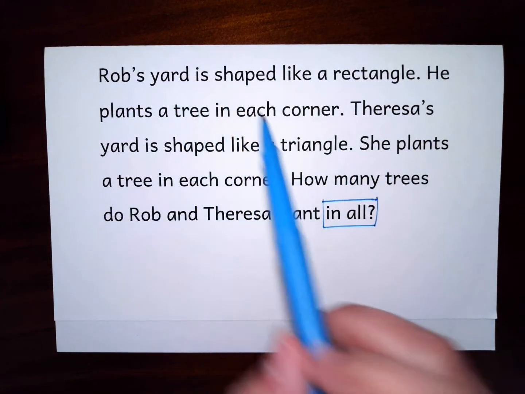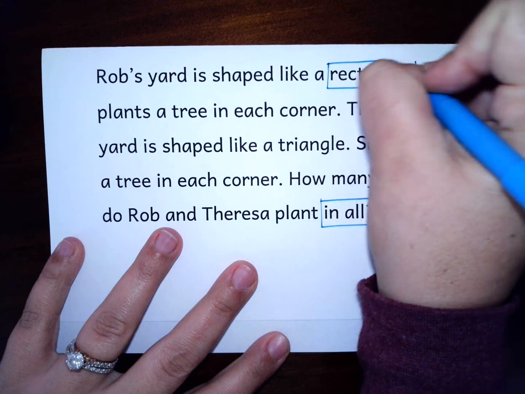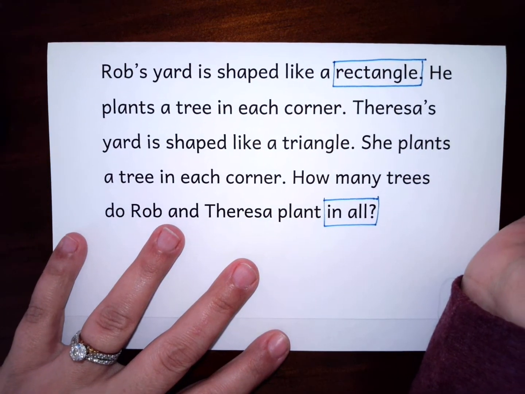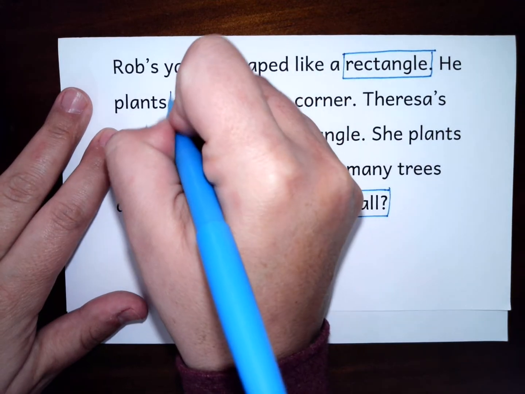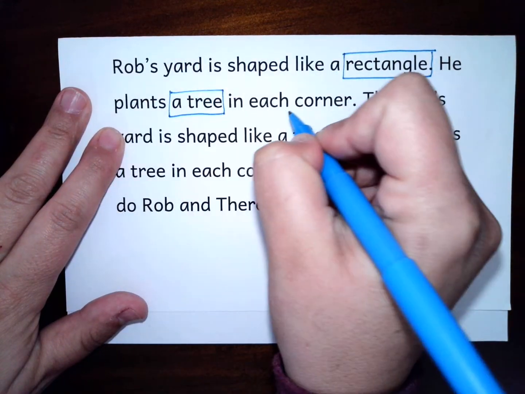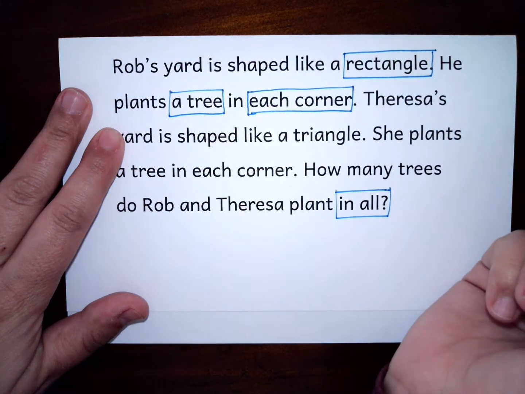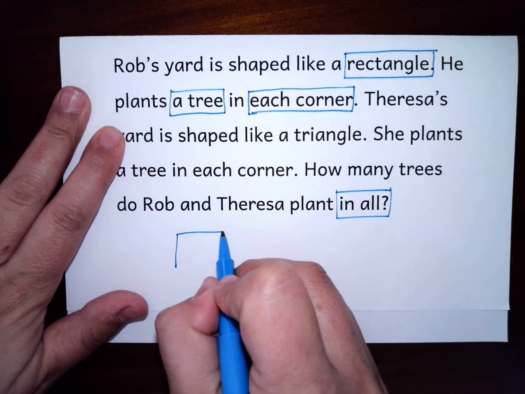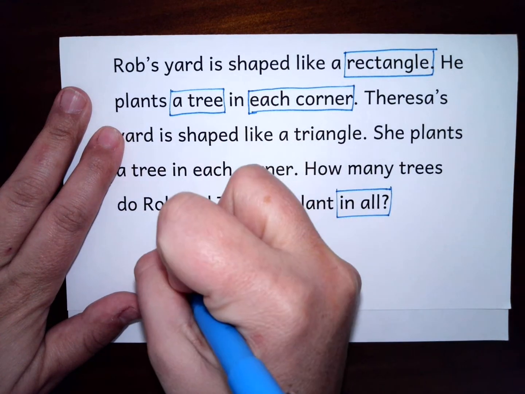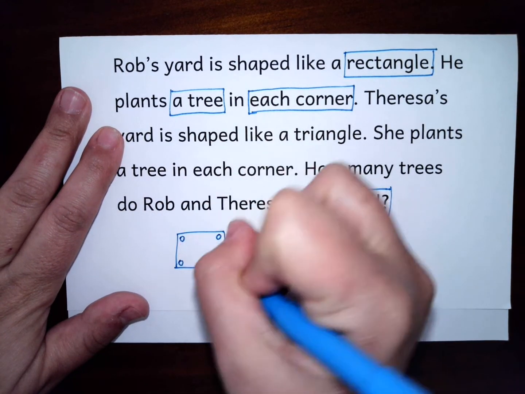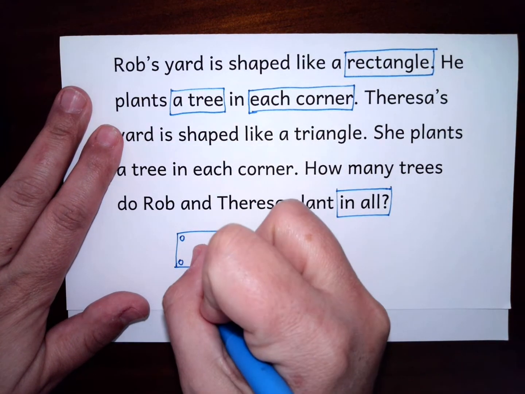I know that Rob's yard is shaped like a rectangle. Well, rectangle is a math word. He plants a tree in each corner. So, 1 tree in each corner. So if I had Rob's yard and it looked like this, there would be a tree here, here, here, and here. How many total trees is that?